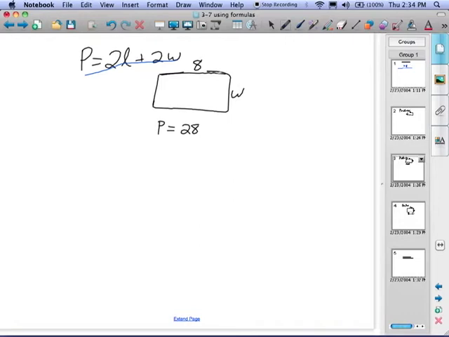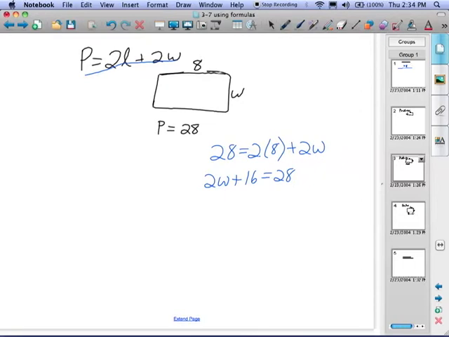So we will substitute in information we know. We know that P is 28. We know the length is 8, but we don't know the width. So rewriting this, 2W plus, we'll go ahead and shorten the 2 times 8 and get 16 right now. 2W plus 16 equals 28.